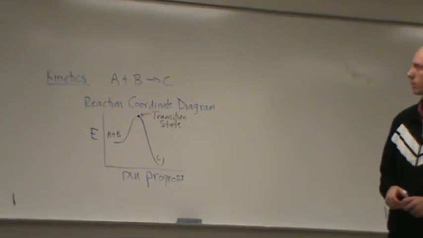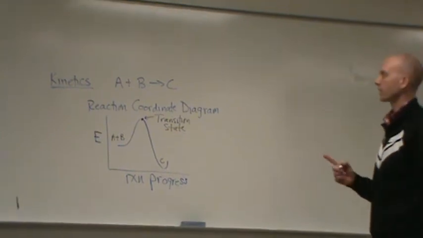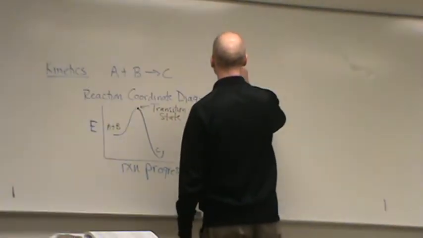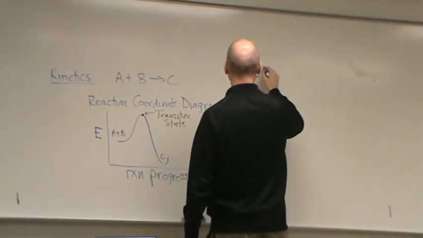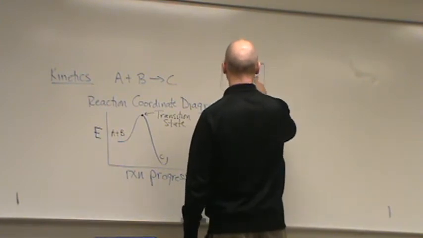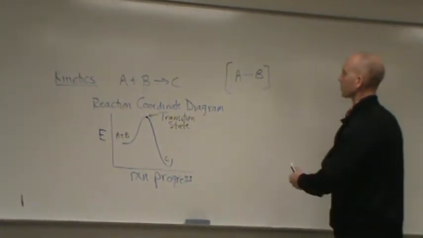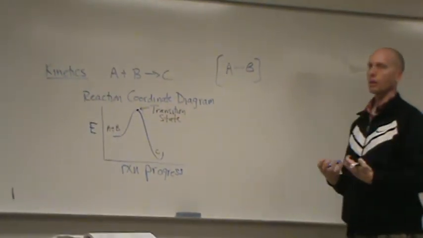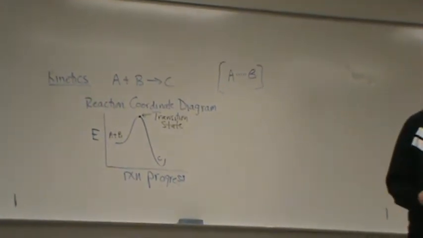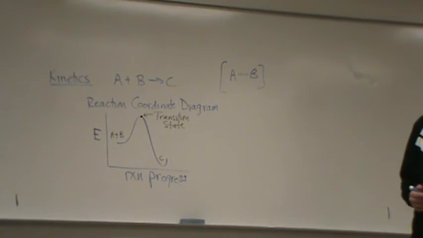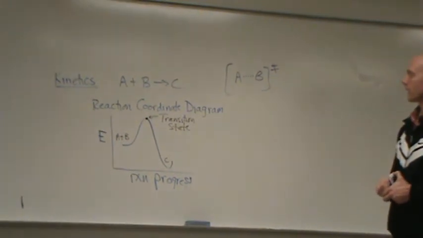What is the transition state? Well, if I look at the reaction A plus B, what's happening here in the transition state is that A is coming into contact with B to start to transform into C. So this thing doesn't stay around too long, and we usually designate it by a double dagger.